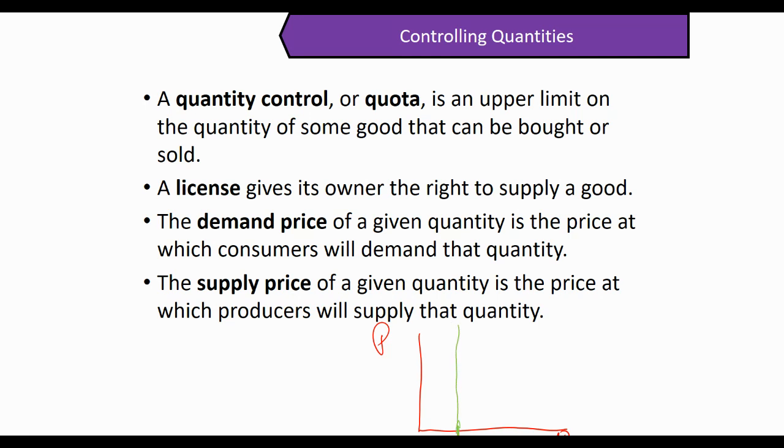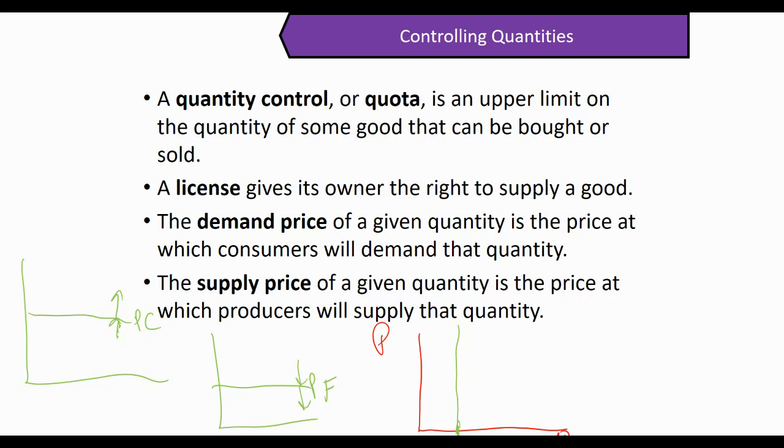Let's say Q1. Whereas before, with price controls, the government would put a price ceiling or a price floor and say it shouldn't go above the ceiling or below the floor.